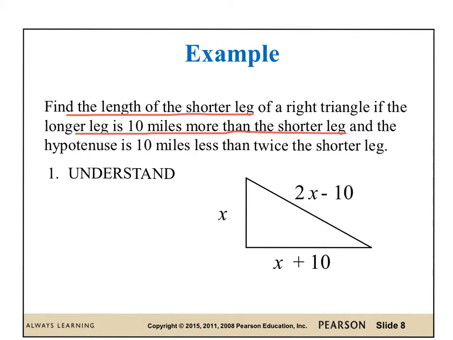So what we're going to do here is label a right triangle, and this is our right triangle, and our hypotenuse is the one that's across from the right angle.